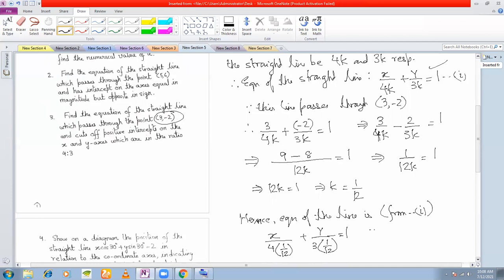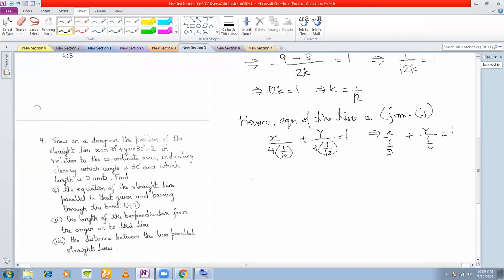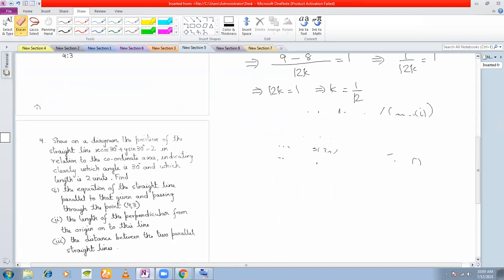Okay, so this you get x by 1/3 plus y by 1/4 is equal to 1. That means 3x plus 4y must be equal to 1, or 3x plus 4y minus 1 is equal to 0. That is the required equation of the line. Clear? Yes, sir. We'll move on to the next problem here, number 4.